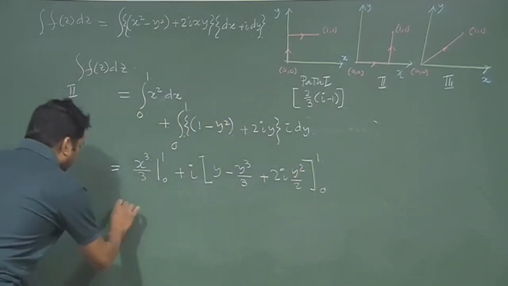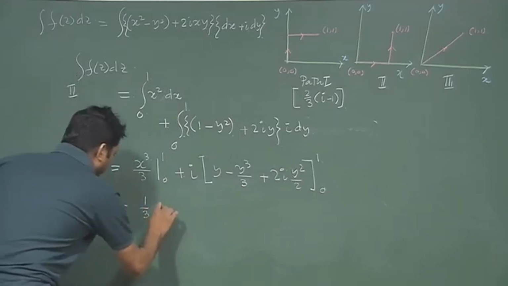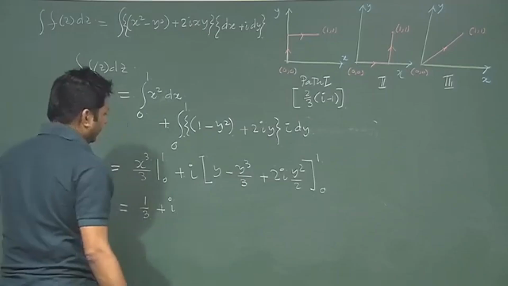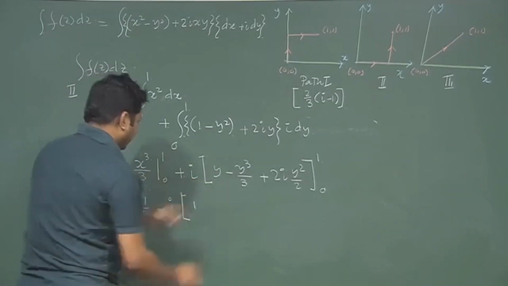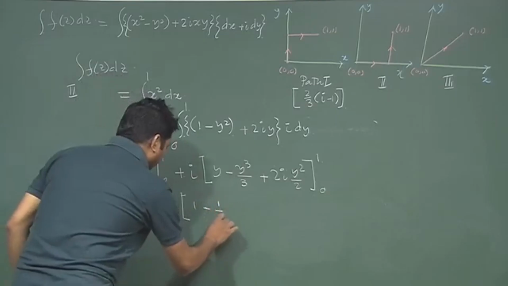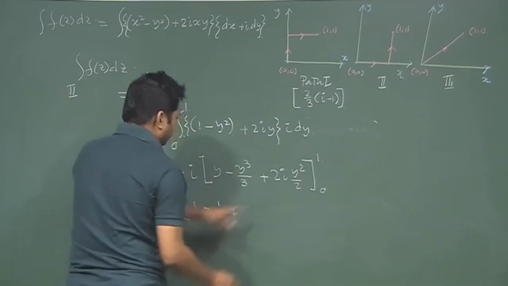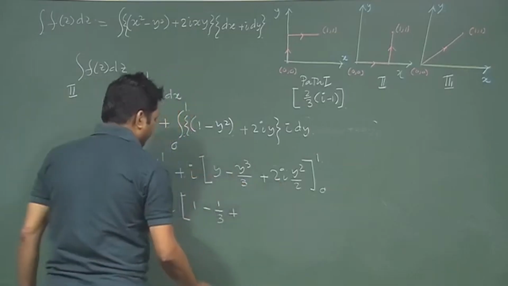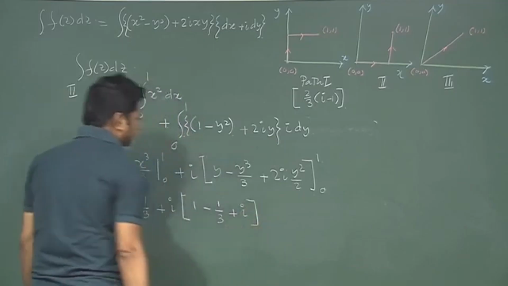The first term comes out to be 1 by 3, plus i times (1 minus 1 by 3), plus the 2 is cancelled out, so plus i.